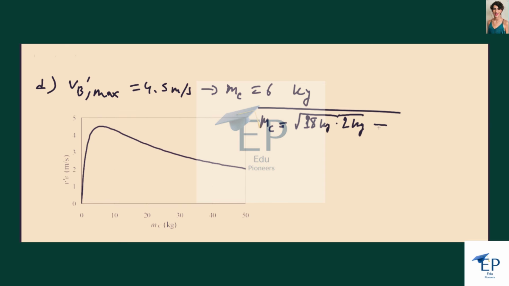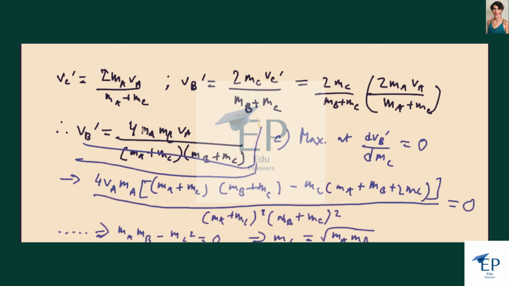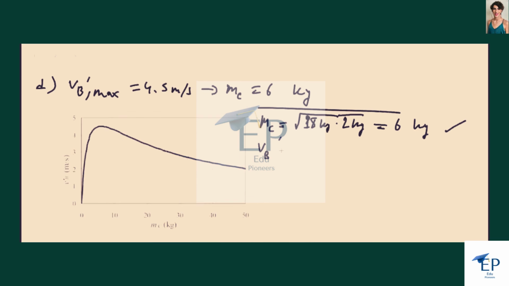This is 36, giving us 6 kilograms. So that checks out. And then VB prime max, we'll plug in MC, MA, and VA in there, and that will also give us 4.5 meters per second, just to check the numerical results against the graphical one. And that's it.